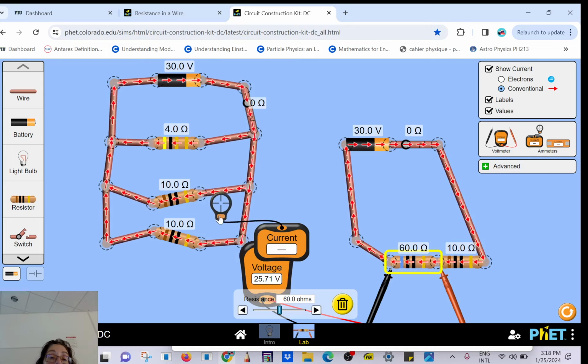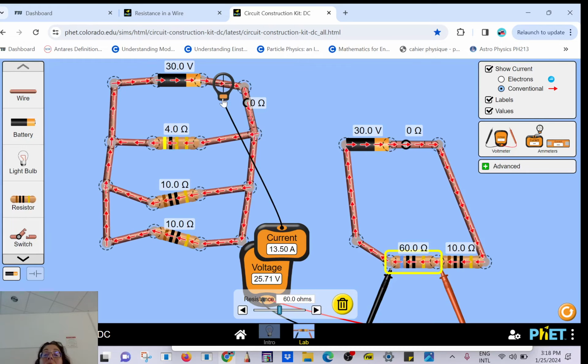So here you have 3, here you have 3, here you have 7.5. When you add them up, you have 13.5. So this is called Kirchhoff law for voltage, and this is called Kirchhoff law for current. Is that clear? In a parallel circuit, the current adds up.